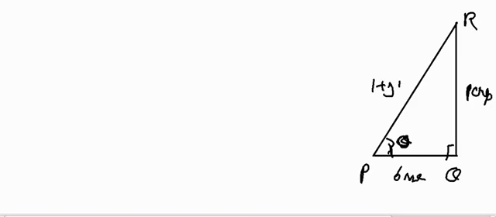So the three other ratios which we have to understand, the first one is called, let me spell it for you fully first, cosecant, C-O-S-E-C-A-N-T, which is written in short as cosec.